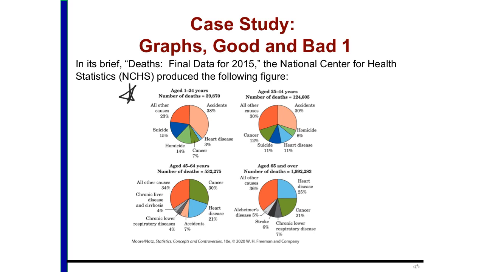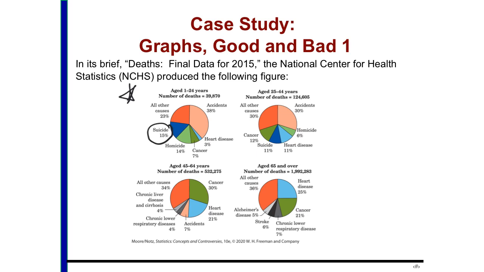We said, let's say we were trying to do a presentation on why we need suicide prevention programs and mental health programs for high school kids or for younger grades. We would use our reasoning because we see suicide is the cause of death for 15% of the deaths that occur from age 1 to 24 years old. So it's pretty high there, especially when you look at it compared to the other ones.